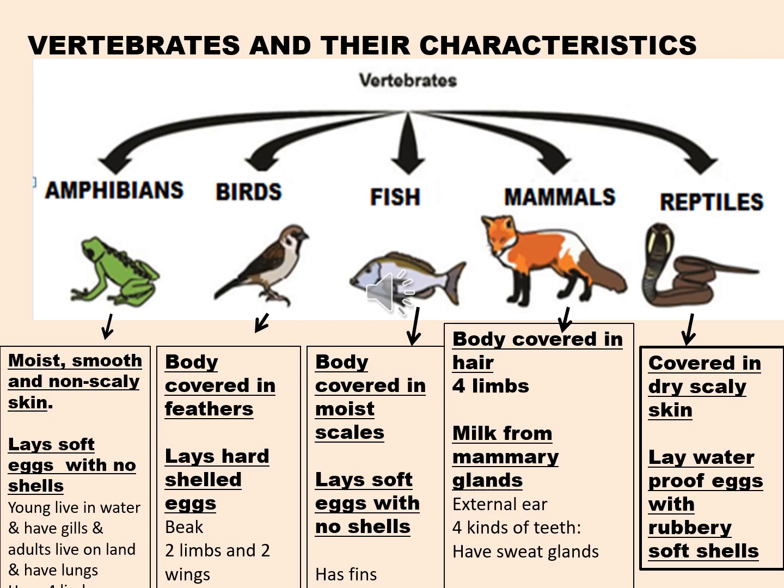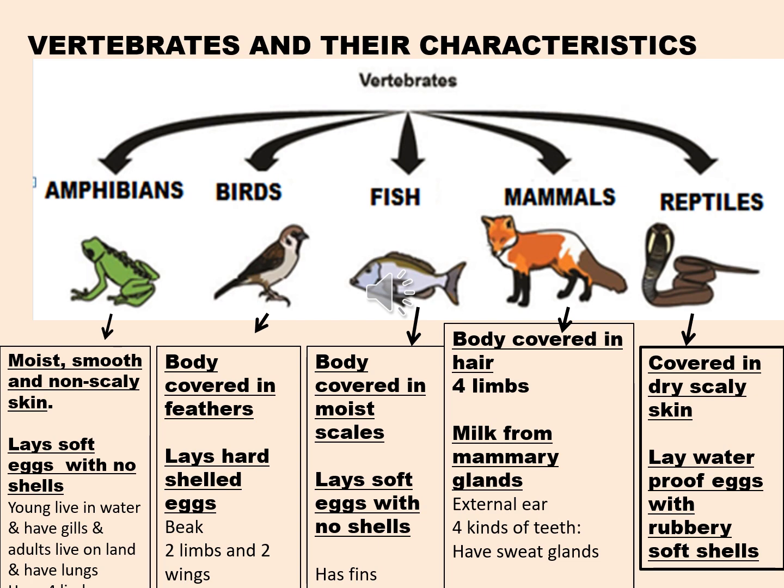Then the next one is the type of eggs. Amphibians lay soft eggs with no shells. Birds, of course, we know lay hard-shelled eggs. And fish lay soft eggs with no shells.